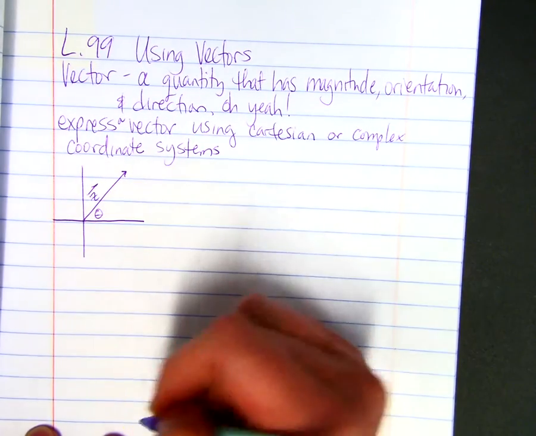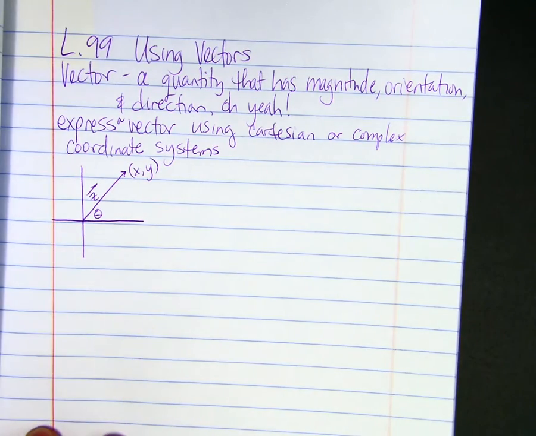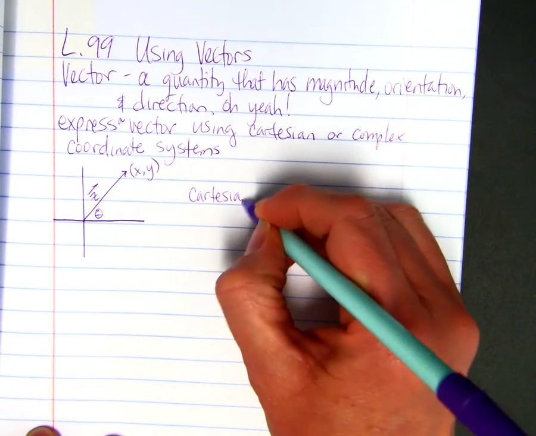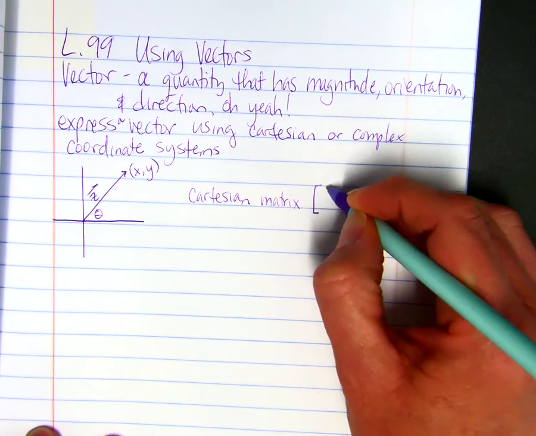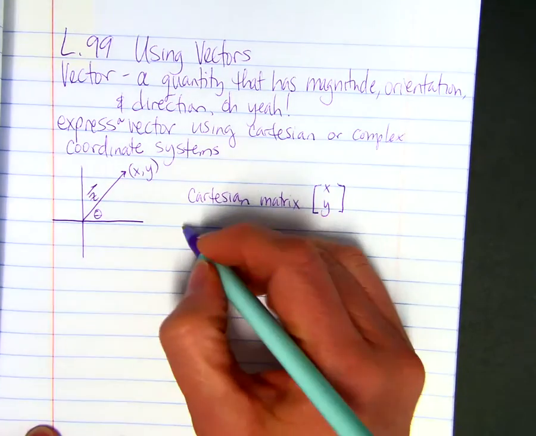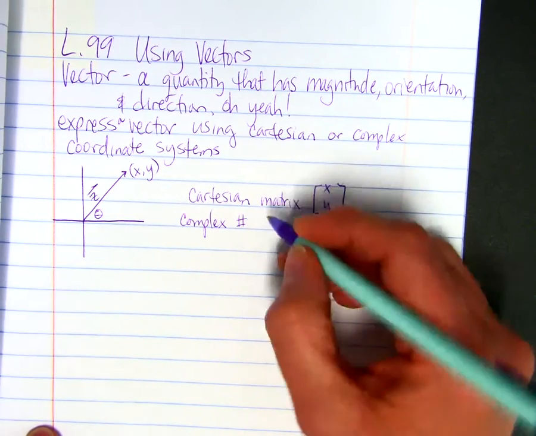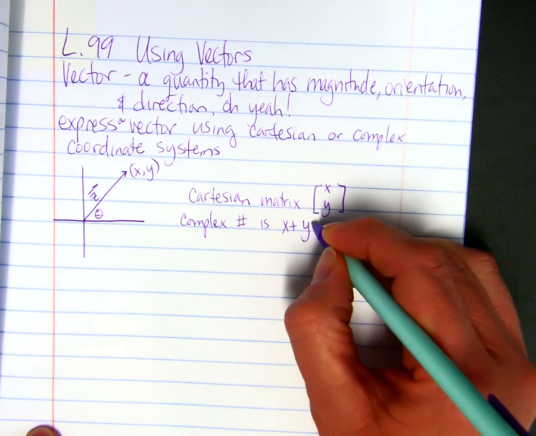Here's theta, the terminal point, x y. So your Cartesian matrix is x over y. If you wanted the complex, it is just x plus y times i.